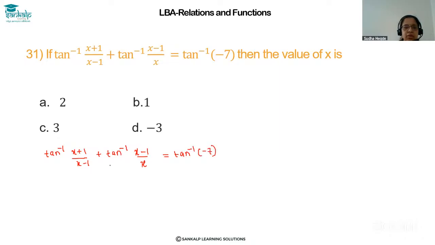Okay, this is given. Now you use the tan inverse A plus tan inverse B formula.